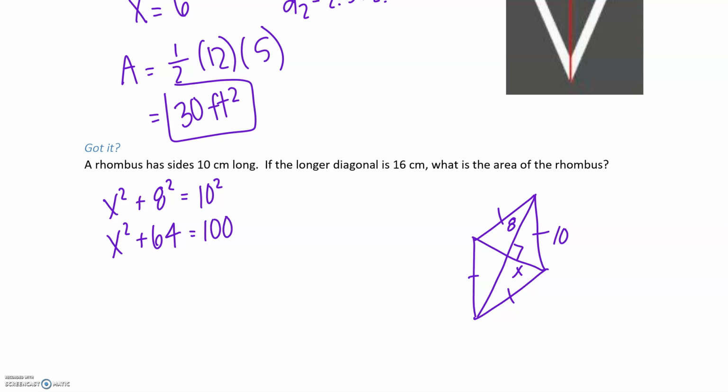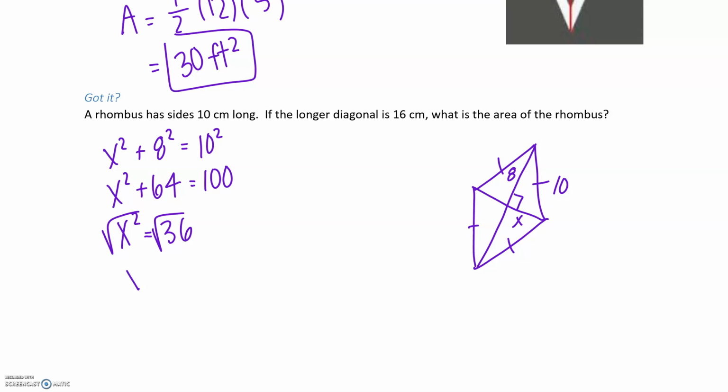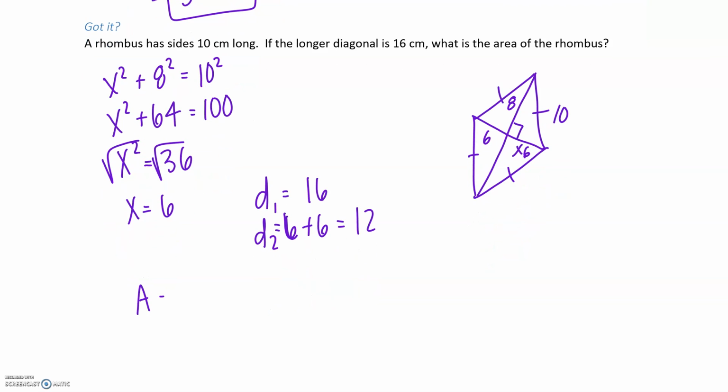If we subtract 64 from 100, that gives us x squared equals 36. And just like last time, we have x equals 6. So that means that this is 6, which means that this is 6. So our diagonal 1 we know is 16. And our diagonal 2, we do 6 plus 6, which equals 12. So our area is going to equal 1/2 times 16 times 12, which should give us 96 centimeters squared.